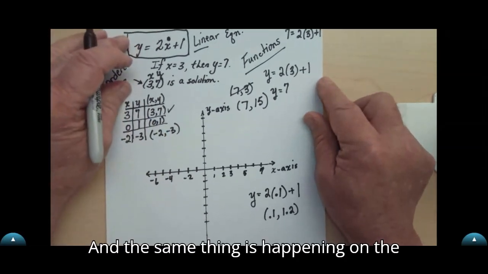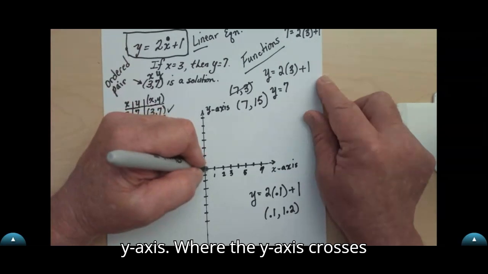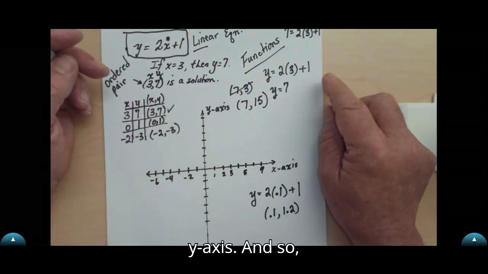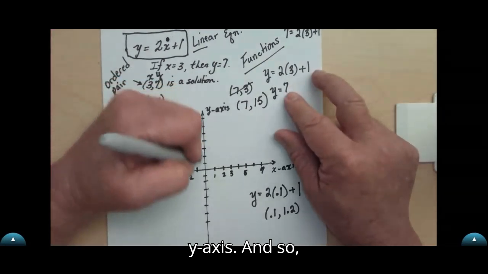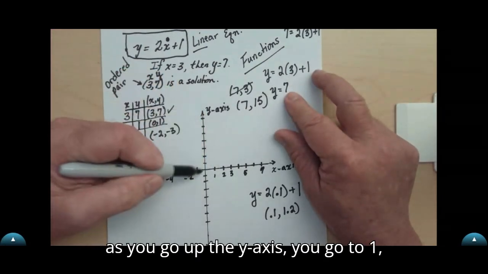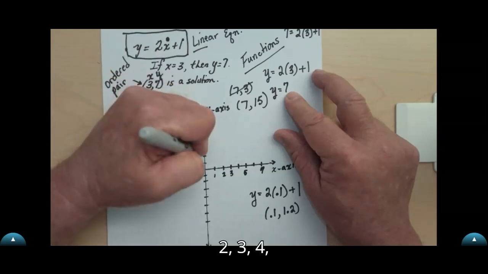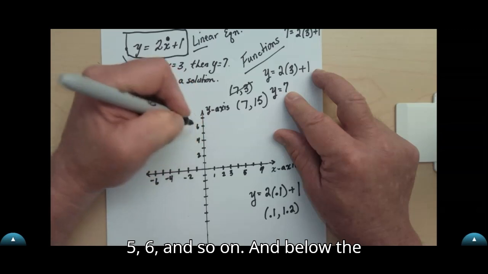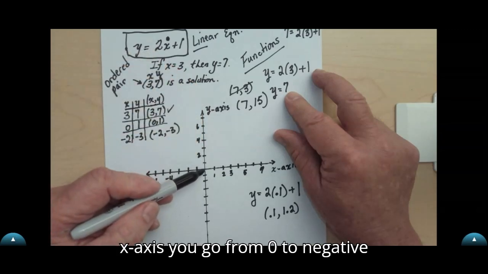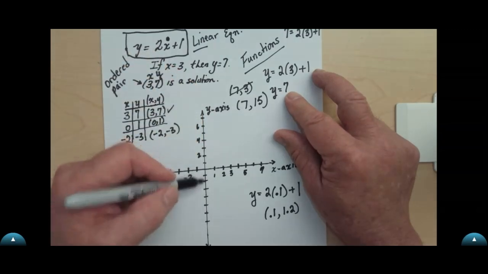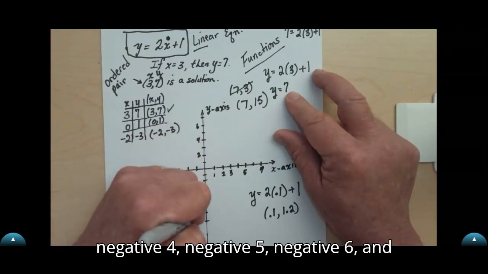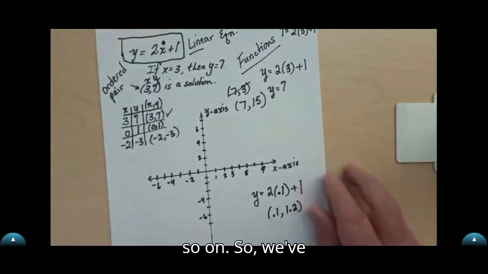The same thing is happening on the y-axis. Where the y-axis crosses the x-axis, that's also 0 on the y-axis. As you go up the y-axis, you go to 1, 2, 3, 4, 5, 6, and so on. Below the x-axis, you go from 0 to -1, -2, -3, -4, -5, -6, and so on.